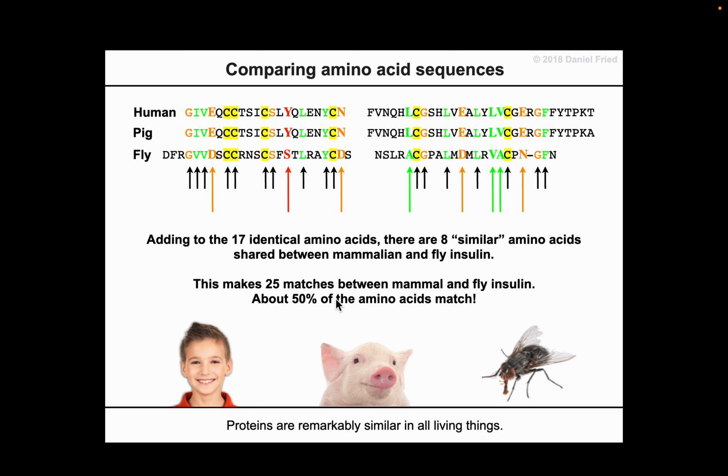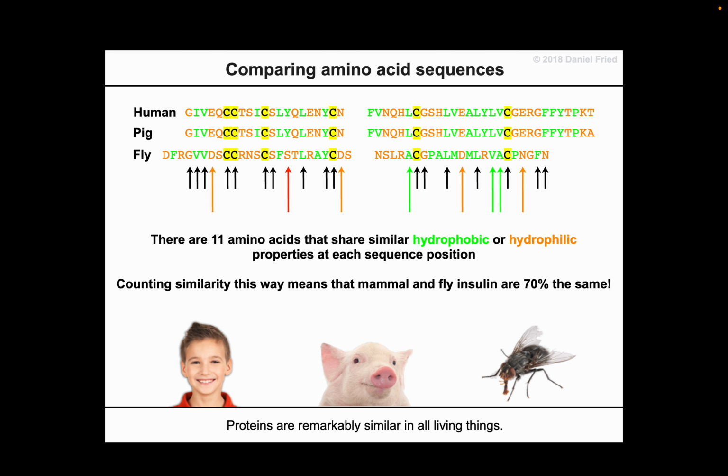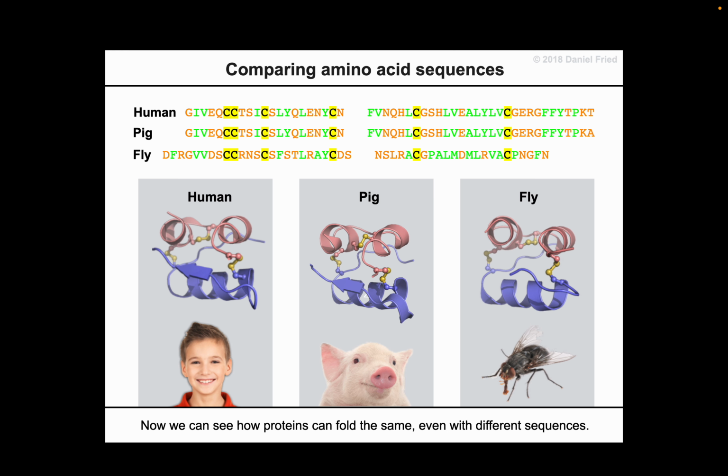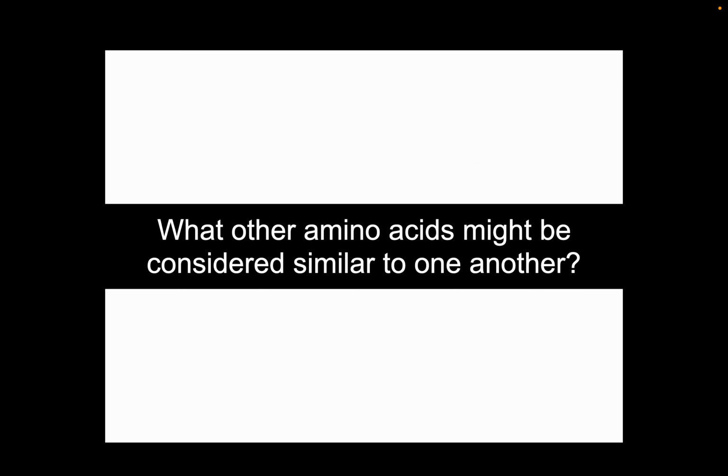This makes 25 matches between mammal and fly insulin, but 15% of the amino acids match. So cool, right? That share similar hydrophobic or hydrophilic properties at each sequence position. Counting similarity means that mammal and fly insulin are 70% the same. Now we can see they fold the same even with different sequences.